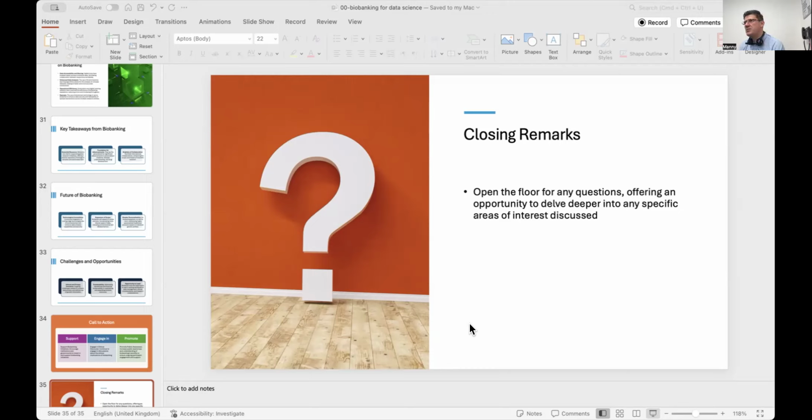Can someone define to me what a large language model is? Magda? No? Daniel, what's a large language model? All right, okay. We're getting now into the new field. It hasn't taken that long, has it?